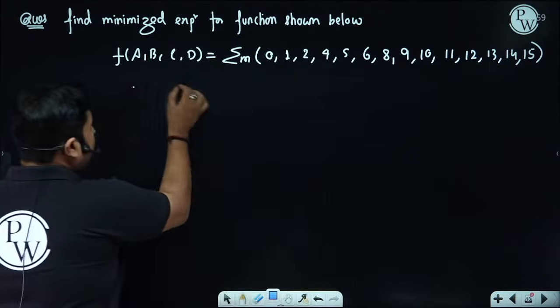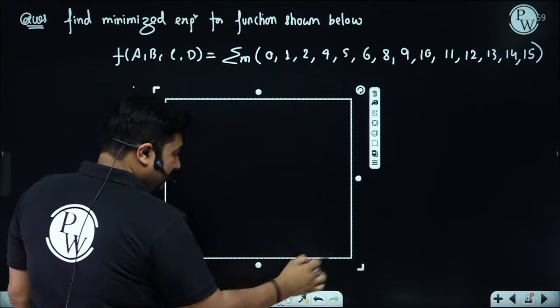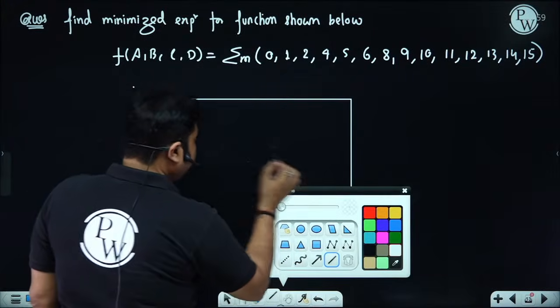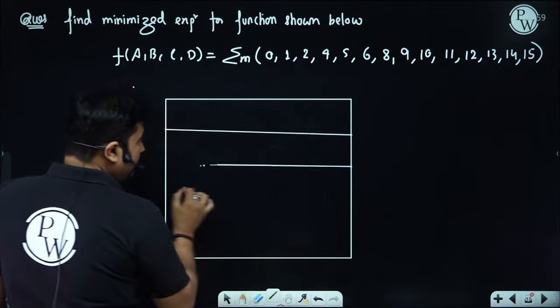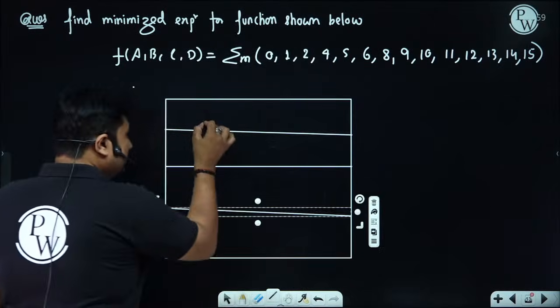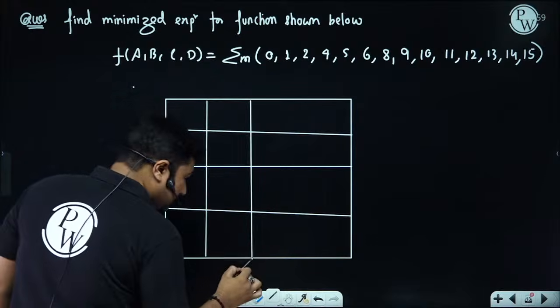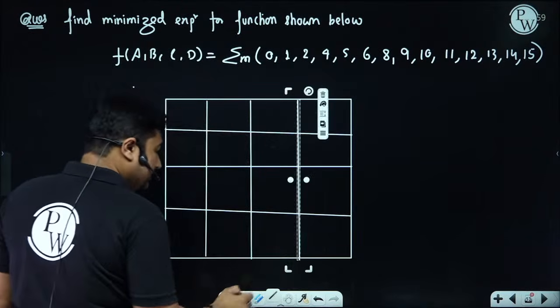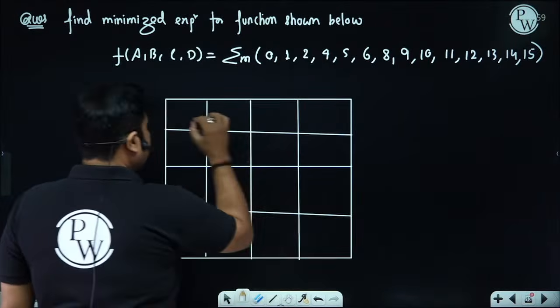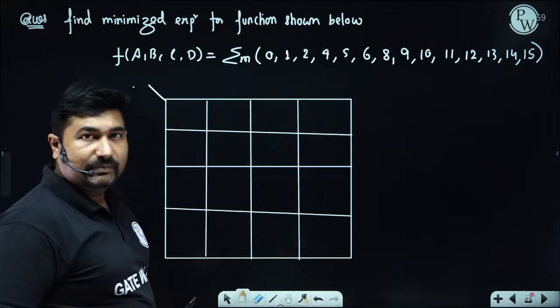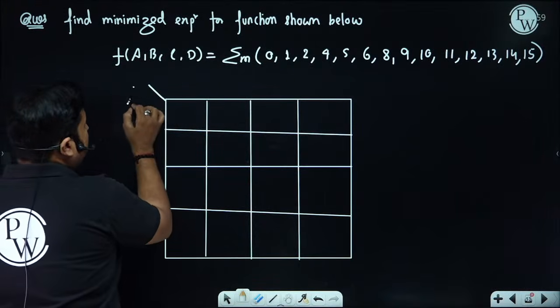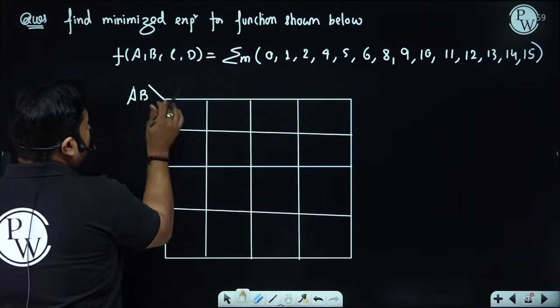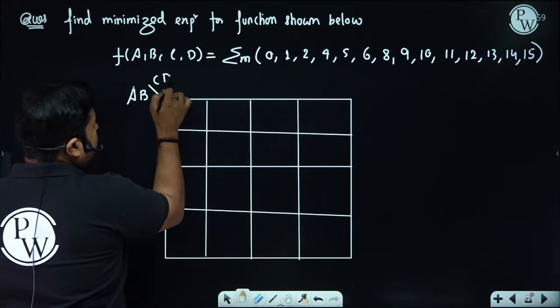So first of all, we have 4 variables, so draw a 4 variable K-map. A 4 variable K-map means a total of 16 subblocks. Each subblock represents a minterm. Here I am considering A as the MSB, so AB is on the MSB side and CD on the other.